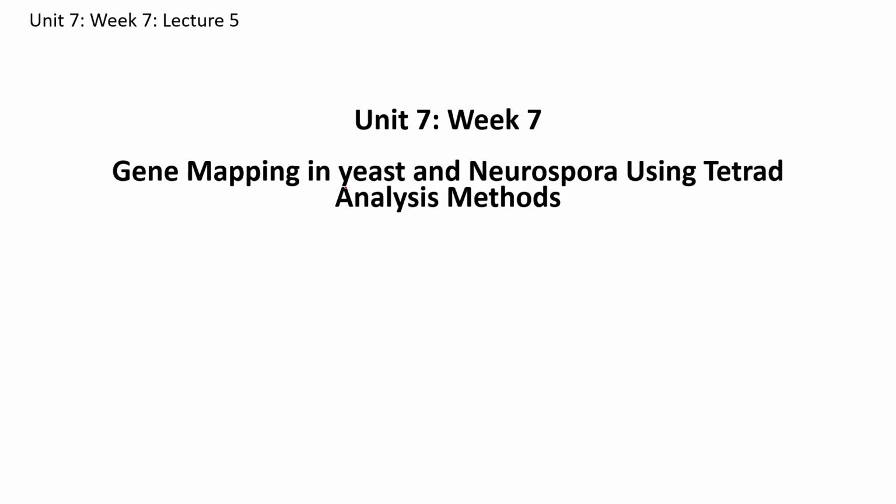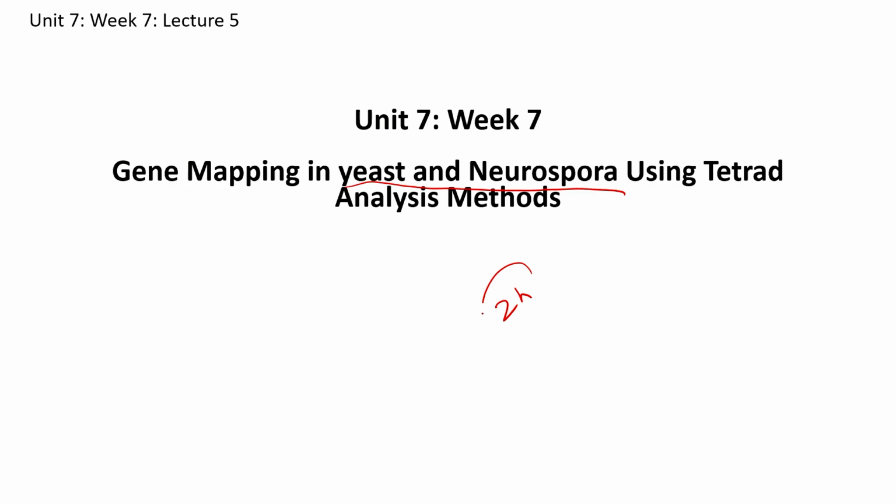These two organisms that we are going to discuss in today's class are a bit different than the ones that we have discussed previously. Most of the organisms we have discussed in previous classes, taking the example of Drosophila or maize or other examples that you might have been doing for your practice, are mostly diploid, 2N.